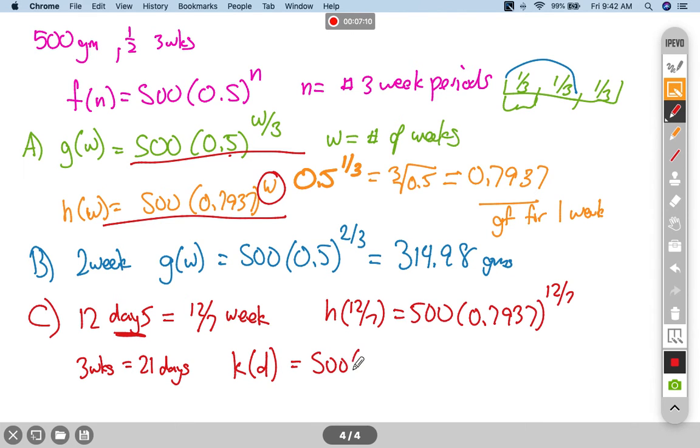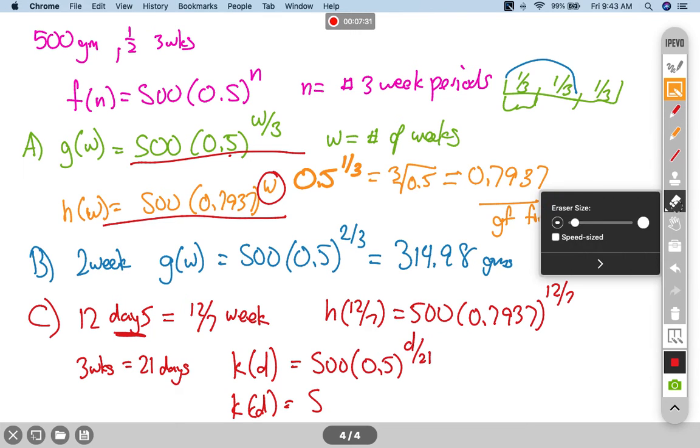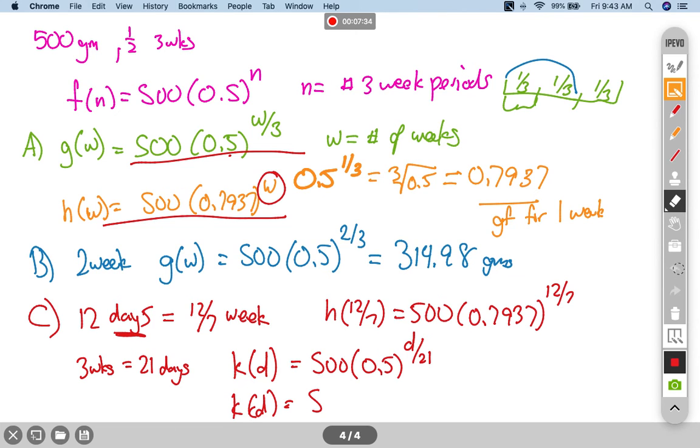So we have 500 times my 0.5 raised to the days over 21. And that's going back to here, I'm breaking this 3-week period into 21 days. So number of days over 21. So I could come to, oops, I'm trying to go too fast. Not erase, undo.